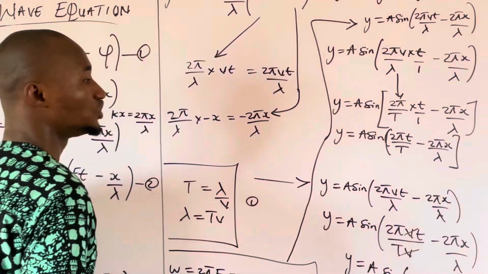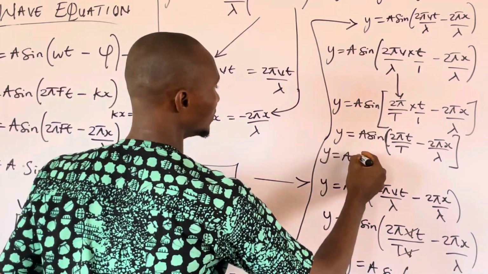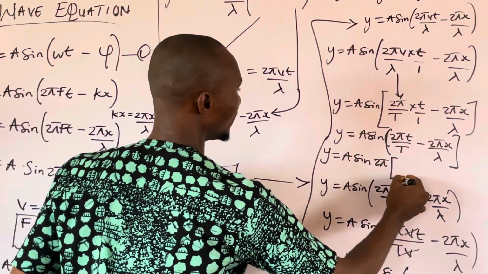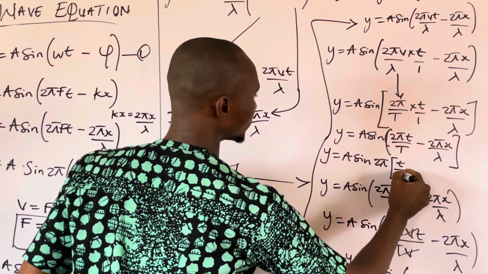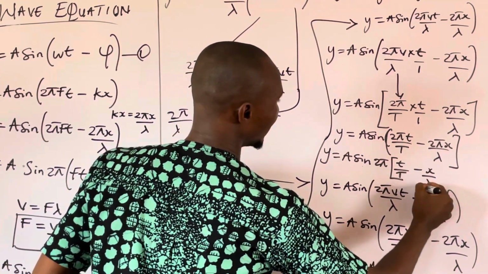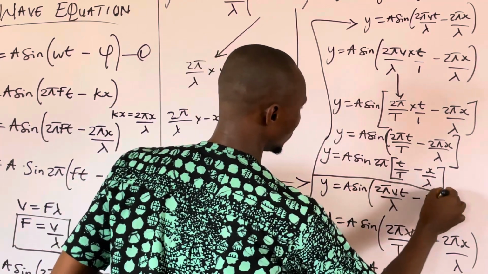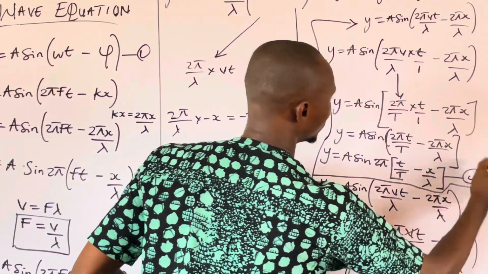The final equation is the same thing with what we have here, y equal to a sine 2 pi being the common factor over there, t over capital letter T minus x over lambda. Call this equation 4.